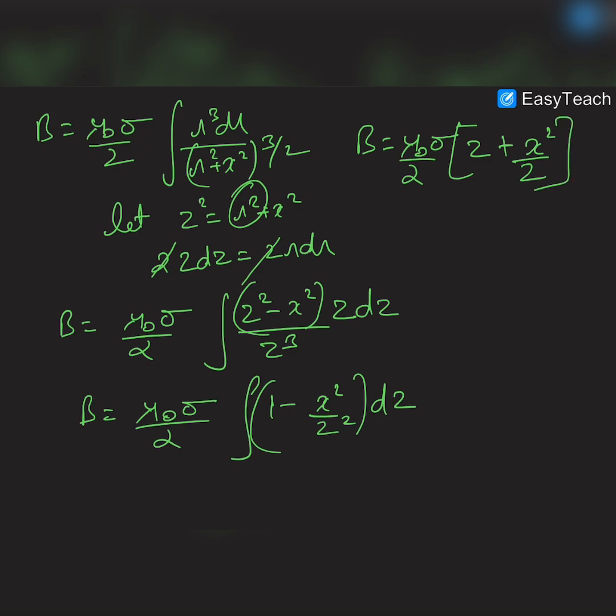And z was square root of r square plus x square. So B will be equal to mu naught sigma by 2 times r square plus x square to the power half plus, in fact what we can do, we can take the LCM, so it would be z square plus x square divided by z.